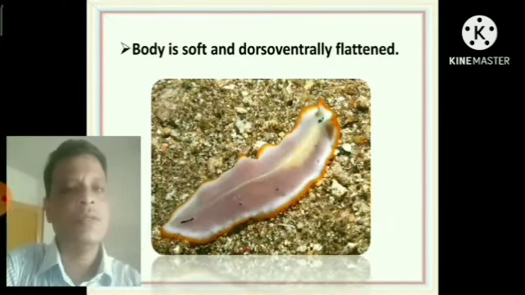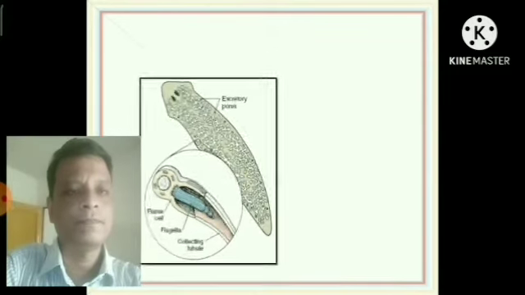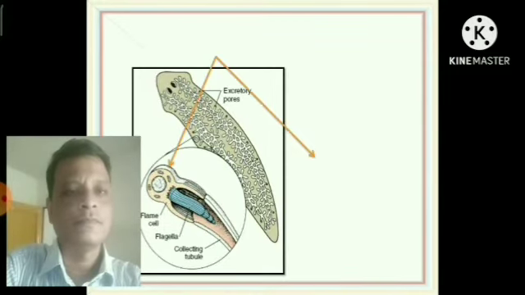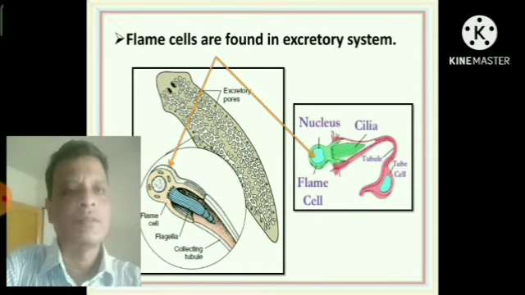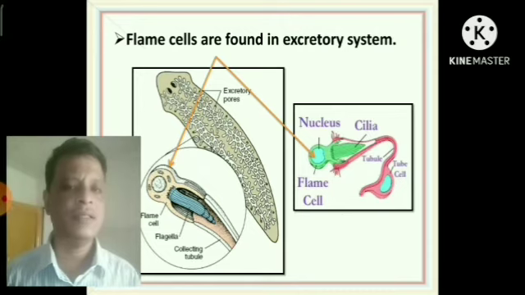Now the body is actually soft and dorsoventrally flattened. If you look at the figure here, you can easily understand that the body is flat and very soft in structure. And the flame cells are actually found in the excretory system. A flame cell is a specialized cell which is responsible for excreting nitrogenous waste materials from the body.